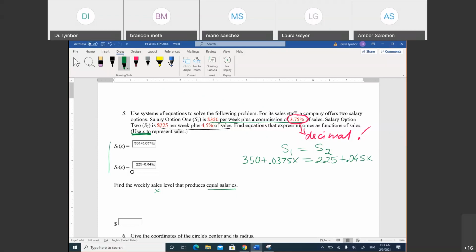Okay, so this is the equation we have to solve. And how do you solve that equation? You're going to get the x terms together, right? So we can subtract 0.0375x on both sides, and you can also subtract 225.